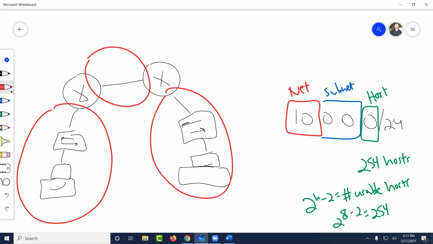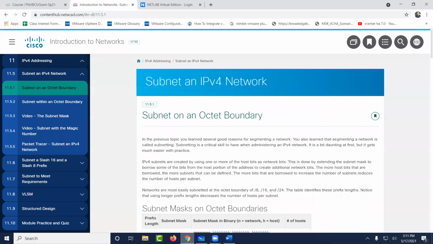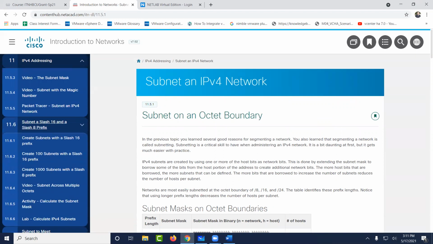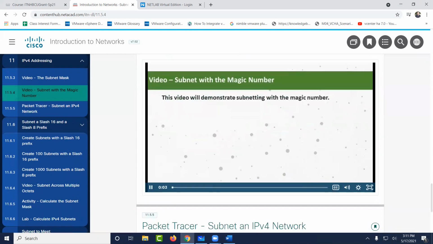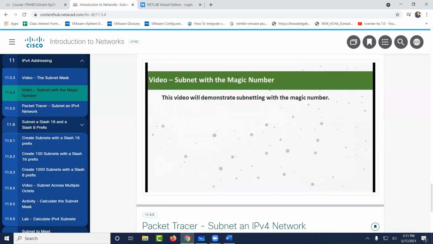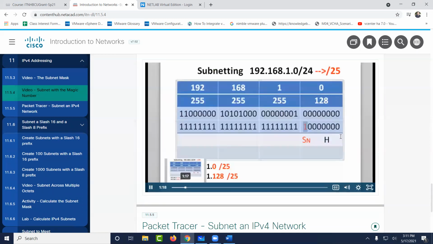Now let me tell you what the curriculum is going to teach you to do. The curriculum says we're going to use this magic number. There's a video on the magic number, and I'm just going to pull this over and show you quickly.